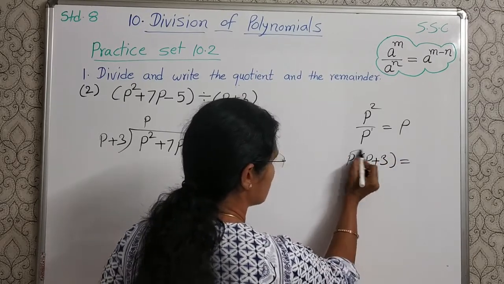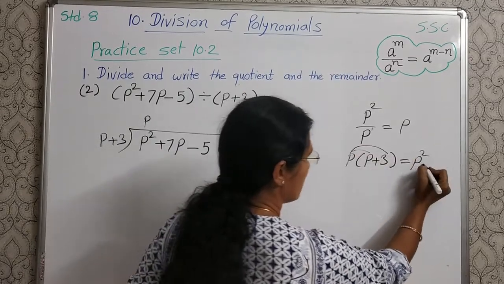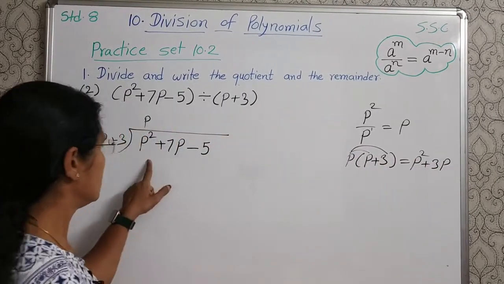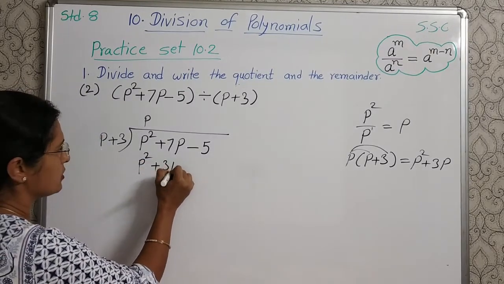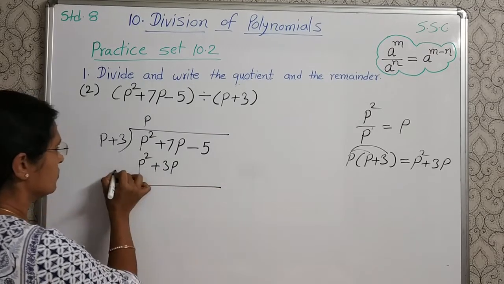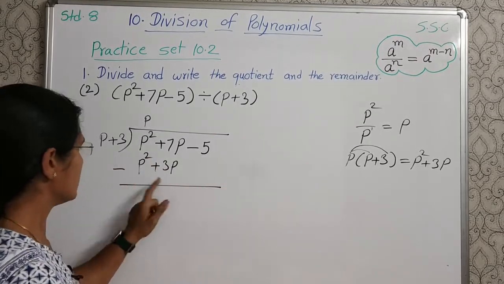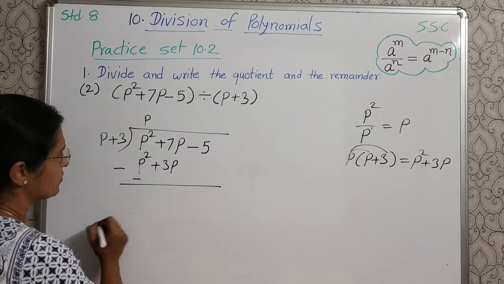The product is p into p is p square. P into 3 is 3p. Now write that product here and subtract. So p square plus 3p. Now subtract. For subtracting, change the signs. So here plus p square will become minus p square.